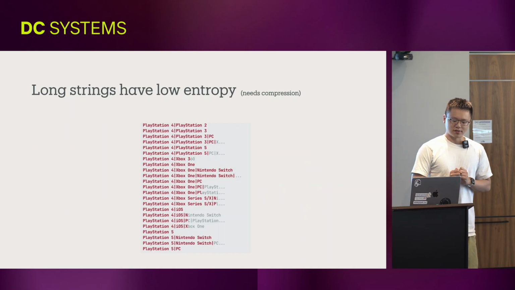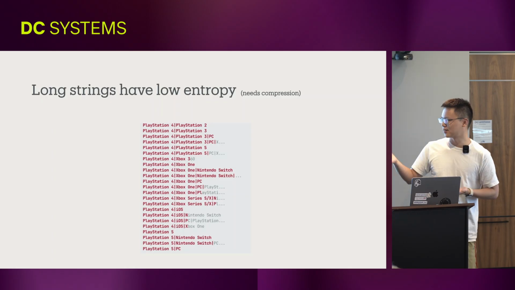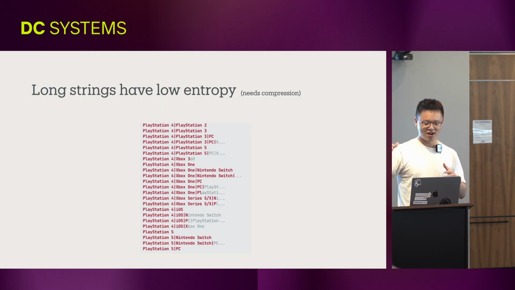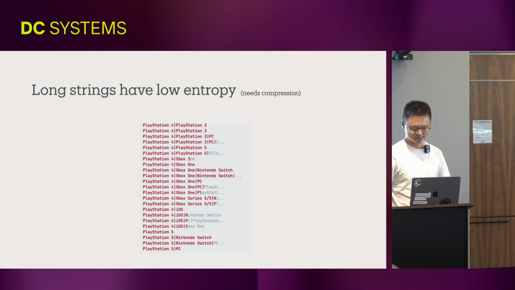Next, we talk about compression. Long strings have low entropy, meaning that they need compression. Here are some of the strings we have in the real world, where every string is unique, but they differ only a little bit. So it makes dictionary encoding less effective because every string is unique.